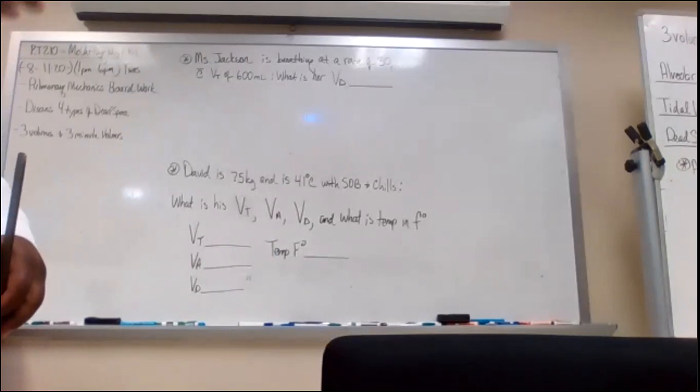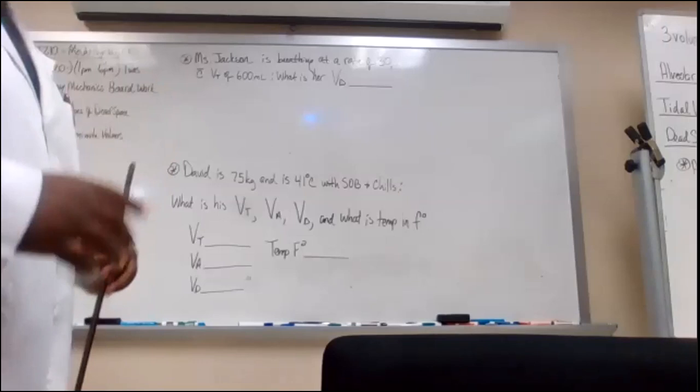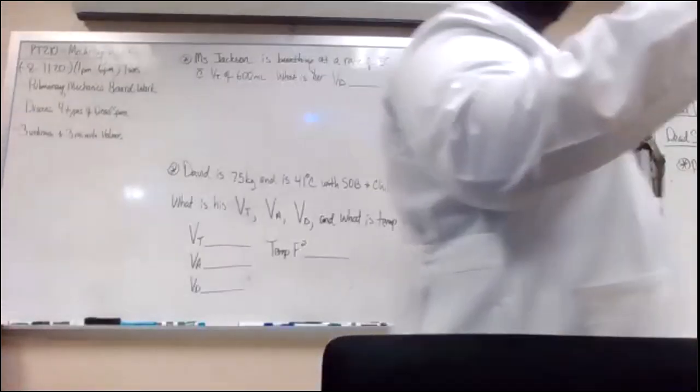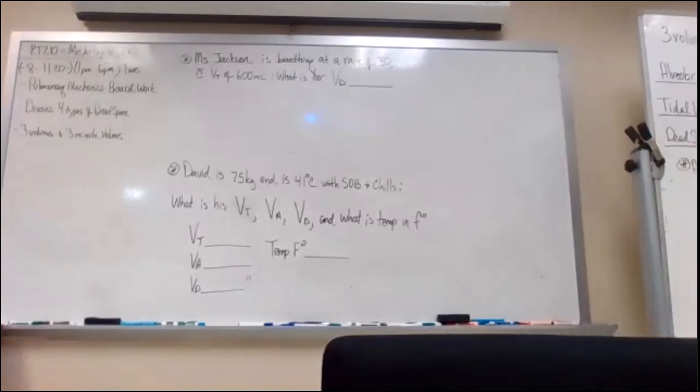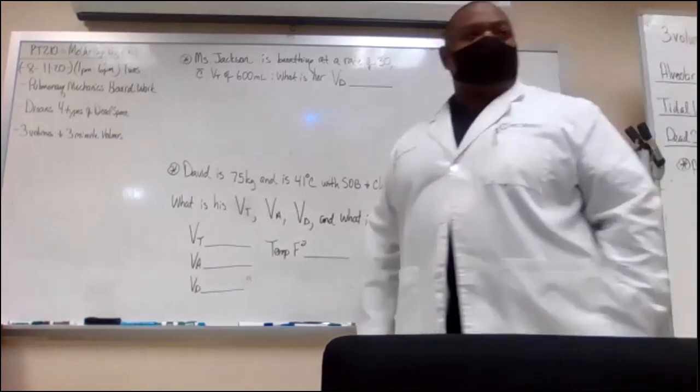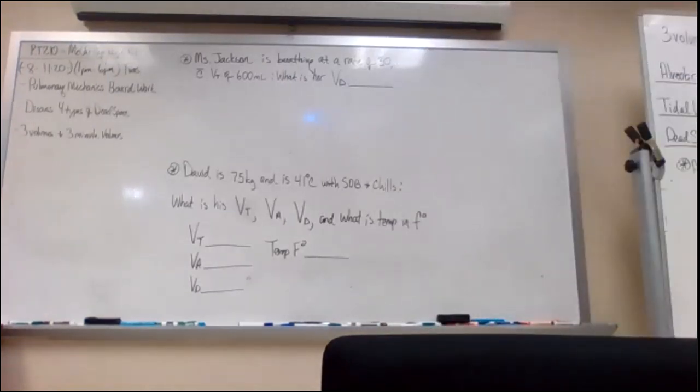Working on number 1 first. Everybody just do number 1. If you're online, put your answer in the chat. When you're ready for me for number 1, just raise your hand. I'll come look. These are your information, right? All you need. Dead space volume.